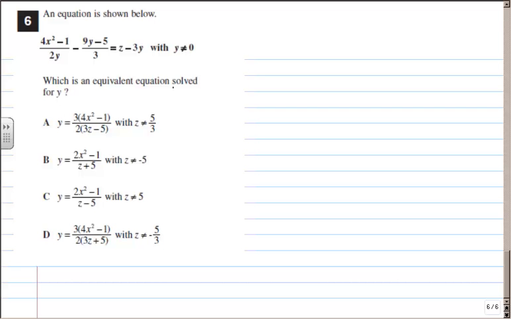Okay, so this problem is asking you to look for what possible answer you may get if you solve the given equation for y. Okay, now, let's go for it.